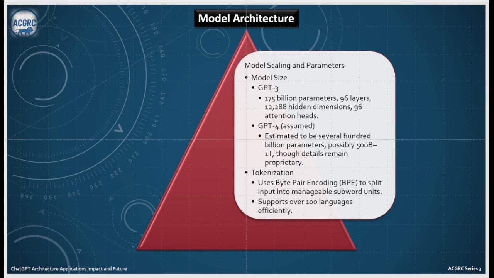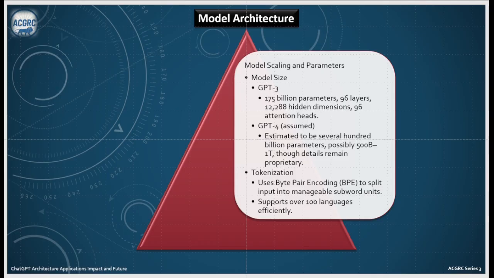So when we say the model has 96 layers, it means there are 96 transformer blocks stacked one after another. The output of one layer becomes the input for the next layer.